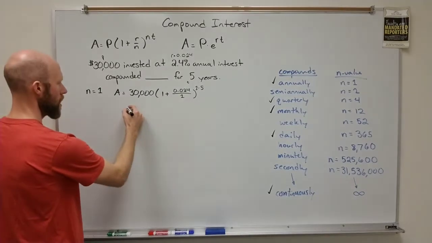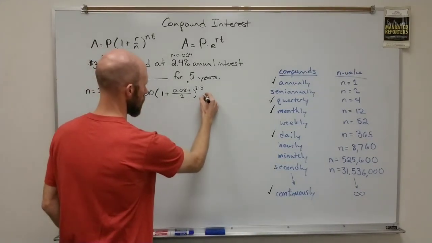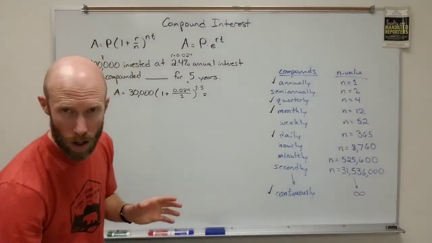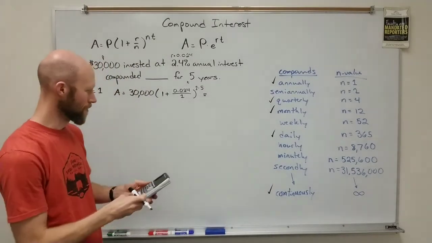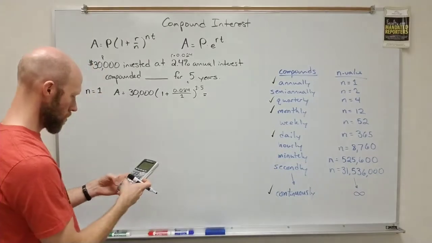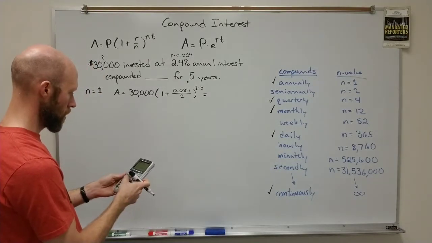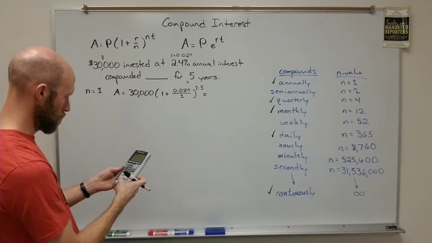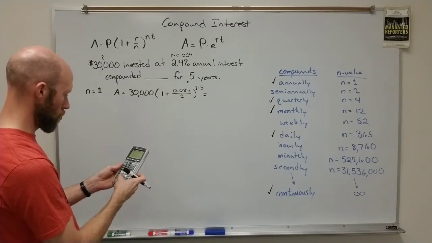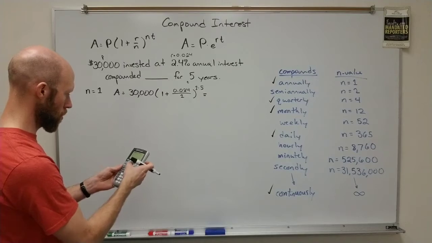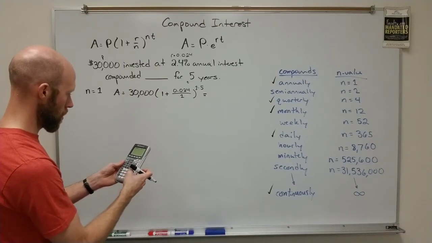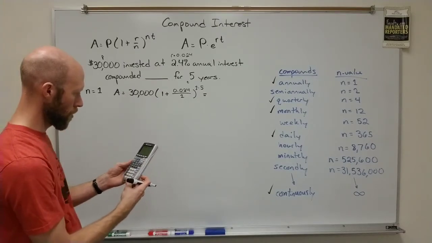And so that value, now I'm going to round all of these to the nearest penny, the nearest cent, hundredth place, and so that's 30,000 times 1 plus 0.024, I don't need the over because the 1 is unnecessary there, all raised to the 5th power.